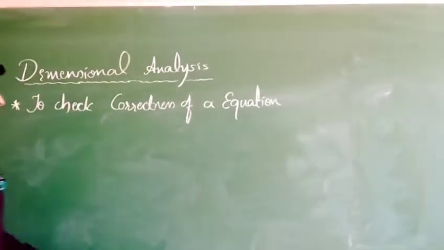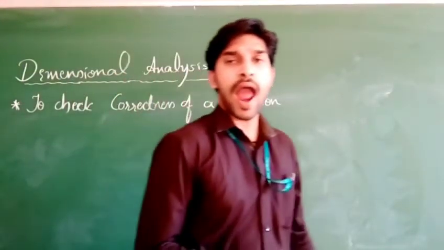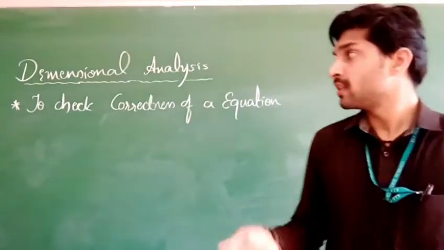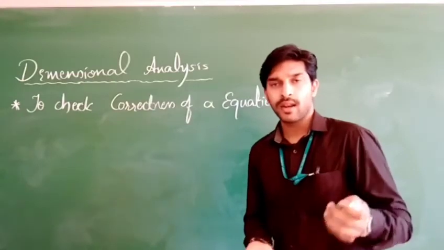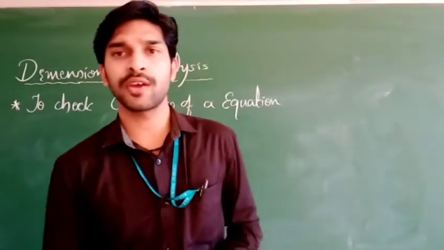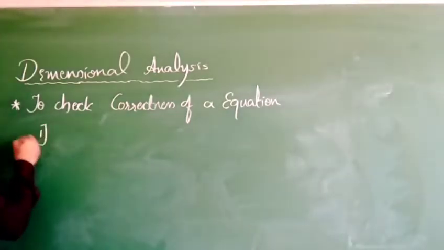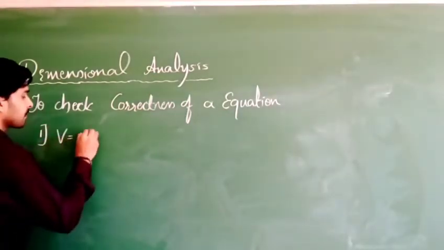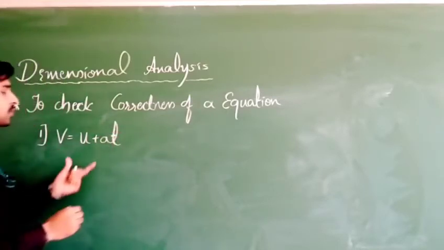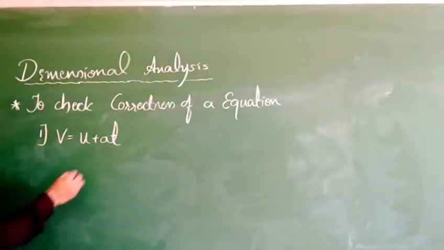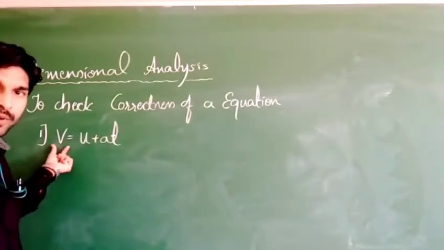That means they will give you one equation and ask you to check the correctness of that equation. Let us consider a basic equation which you already know: V is equal to U plus AT. First we are going to consider the left hand side.